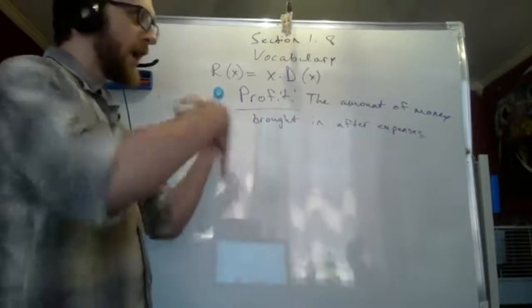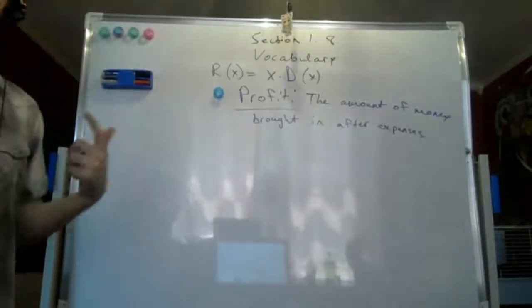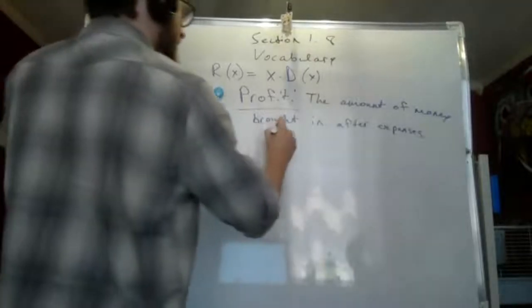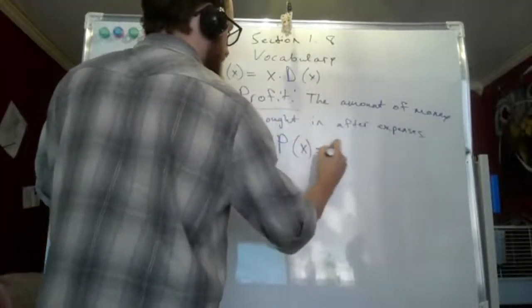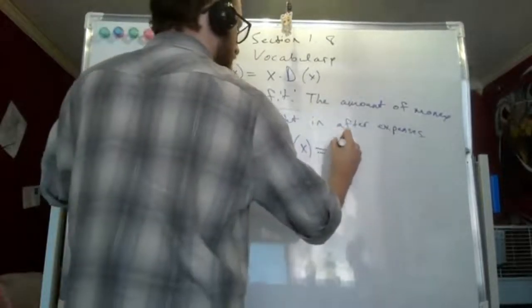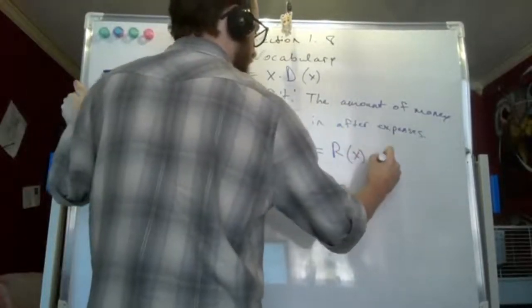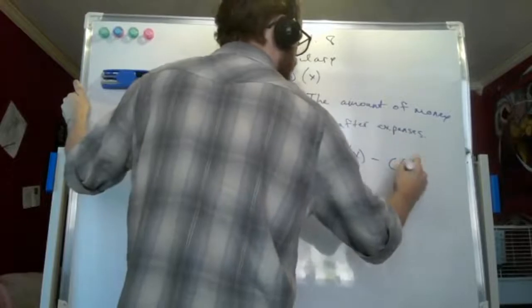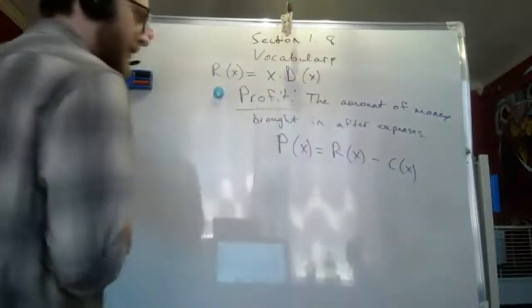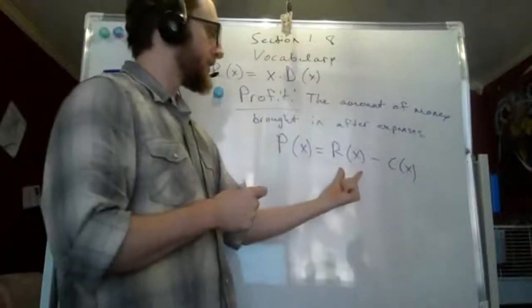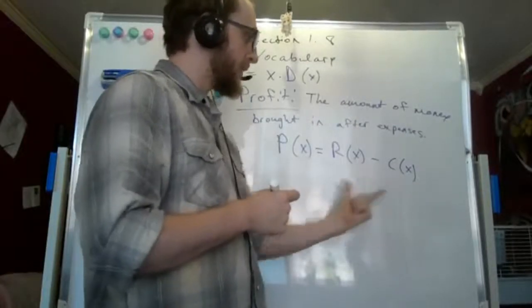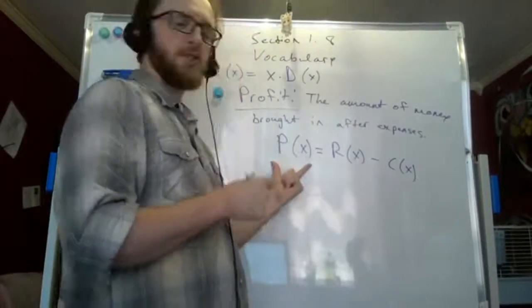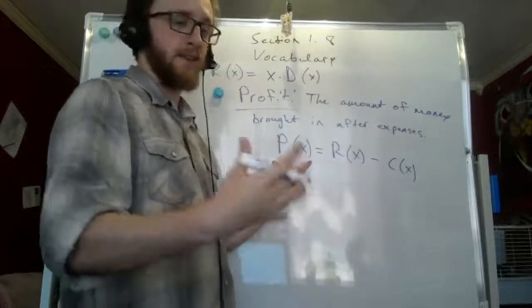Profit is how much money did you make at the end of the day? Or in other words, profit, P of x, is your revenue minus your cost. So how much money did you get from selling stuff? What did you lose to costs? Whatever you have left over here, that's how much money you actually made at the end of the day.